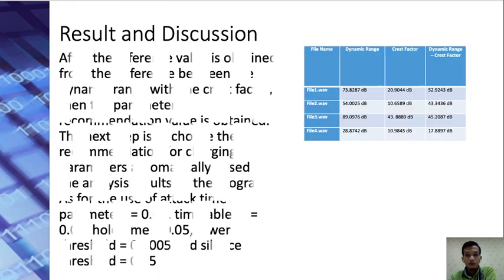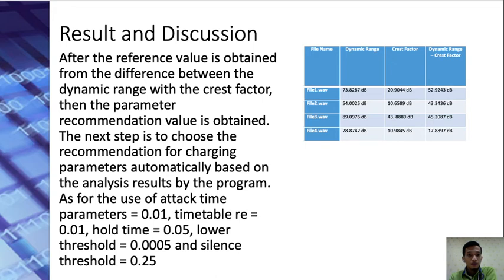This is a table after the reference value is obtained from the difference between the dynamic range and the crash factor. Then a recommended parameter value is obtained, and the next step is to choose the recommended parameters automatically based on the analysis result by the program.